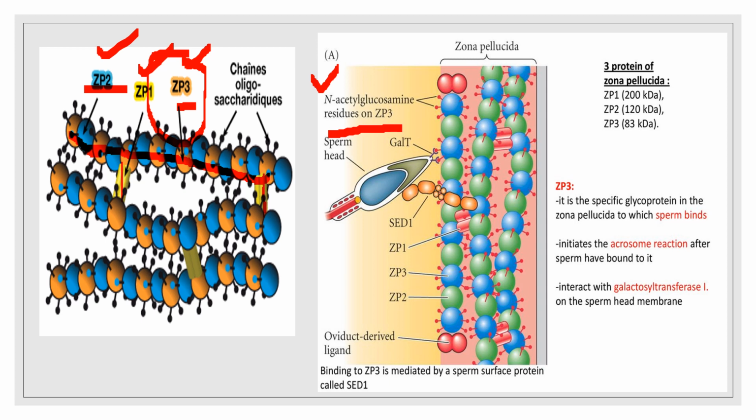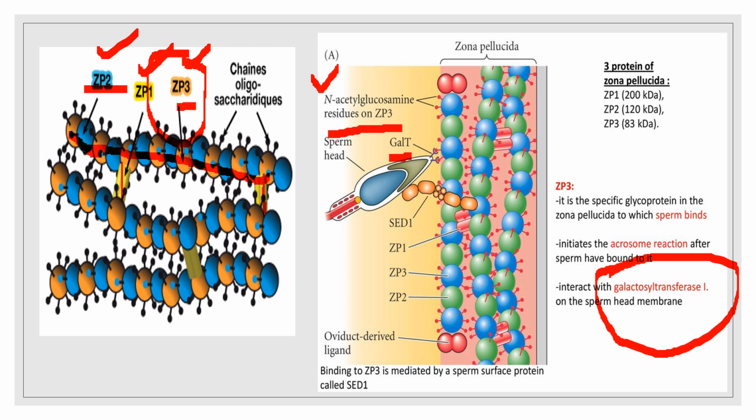This is the binding site for the sperm, and the sperm binds with this N-acetyl glucosamine residue of ZP3 with the help of another protein, galactosyl transferase, that is GALT1. GALT1 on the sperm and the N-acetyl glucosamine residue on ZP3 combine with each other.